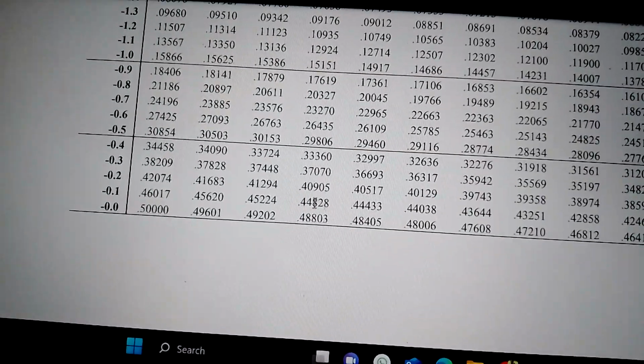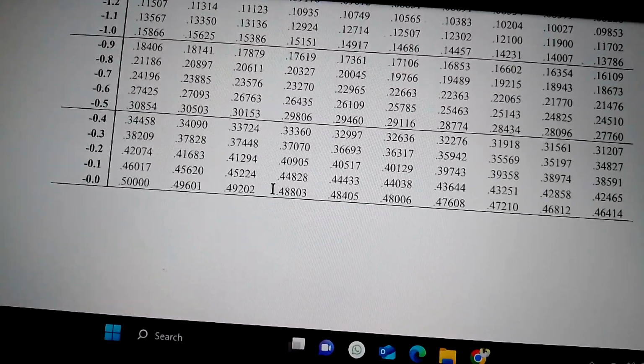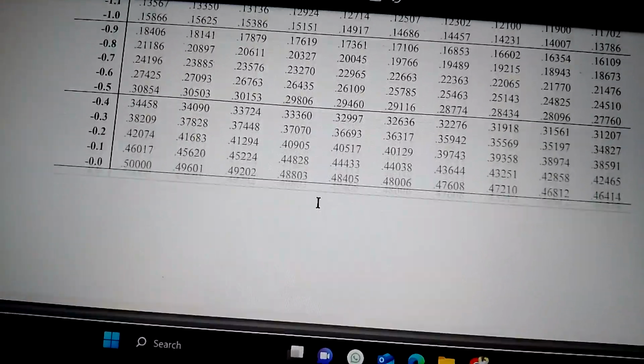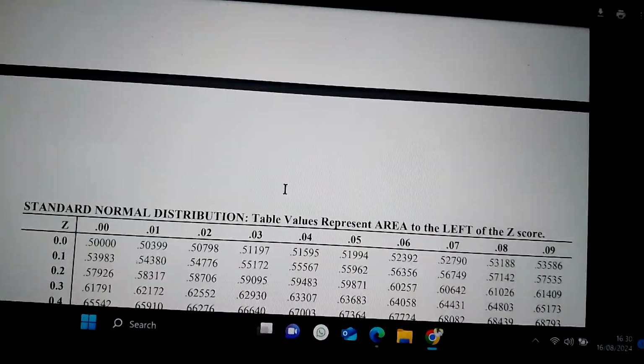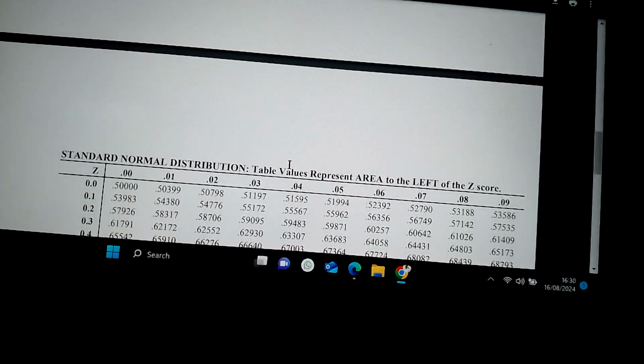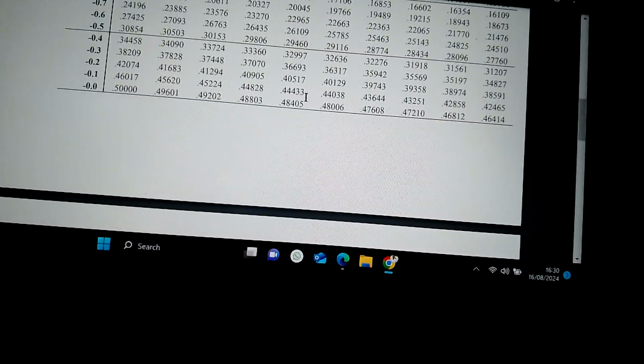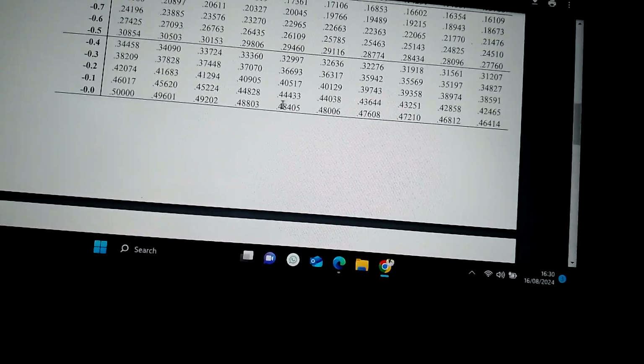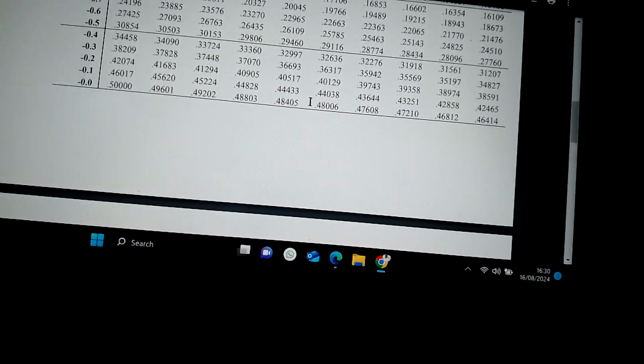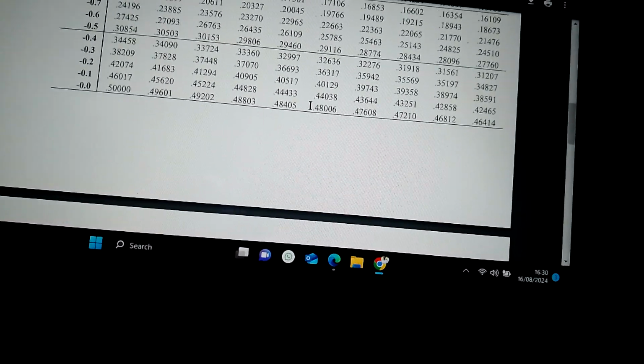So let's come to the table here. We're going to search for 0.48 and see which one is closest to it. These are the areas, so that's why we are checking those ones. You find that this is pretty close.